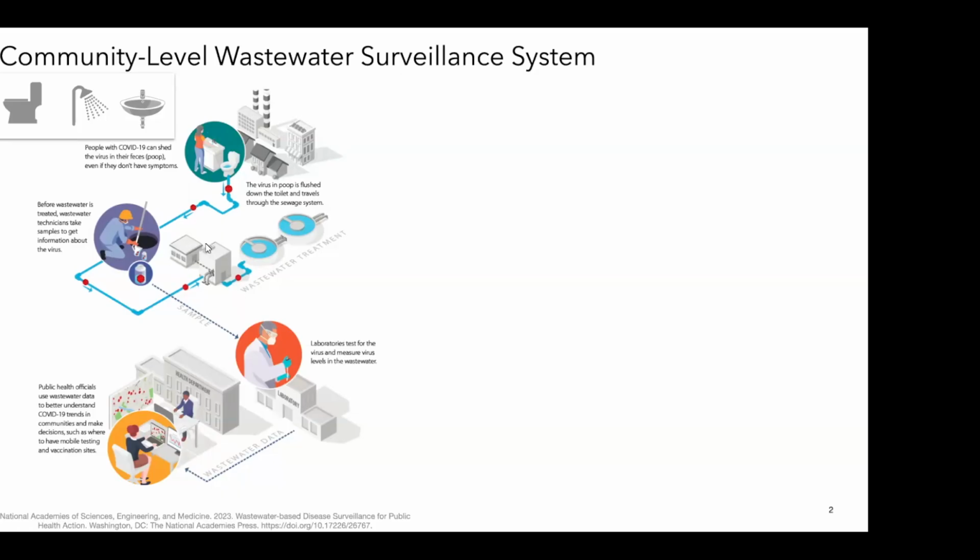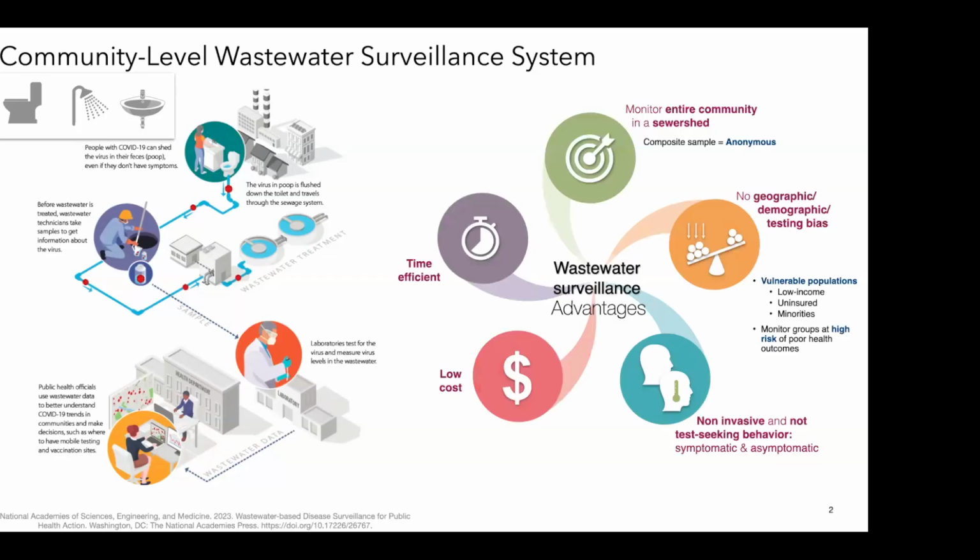So before any treatment is applied to the wastewater, they collect some sample that they send to the laboratory, which is going to perform the different analyses, either quantification or sequencing, and this information will be sent to the state or local health department, where epidemiologists can take action based on the level of certain disease in the community.